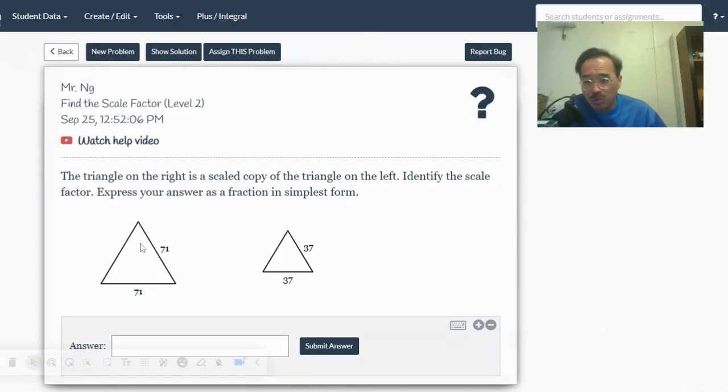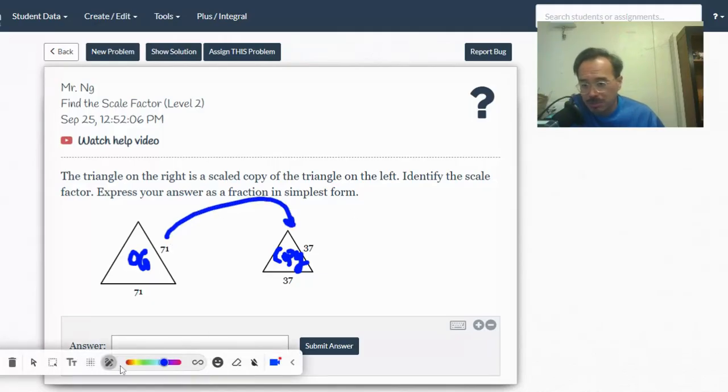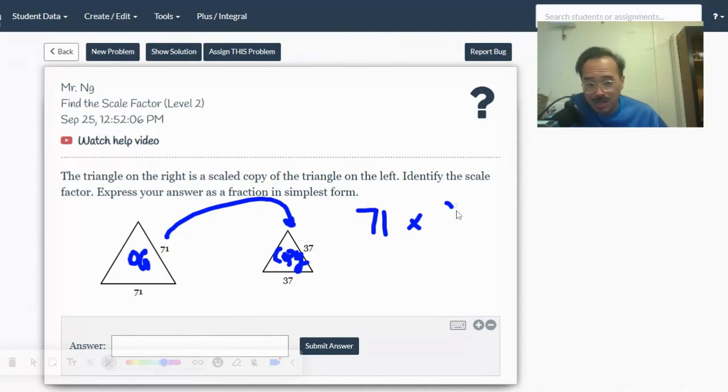Here we have an equilateral triangle. This is the original, this is the copy. So again, how does 71 become 37? 71 times what will give you 37? Well, the number is going to have to be a fraction, a really small number.